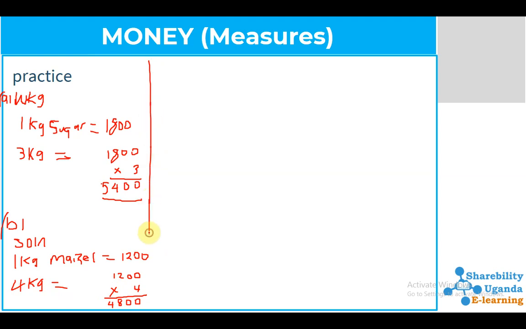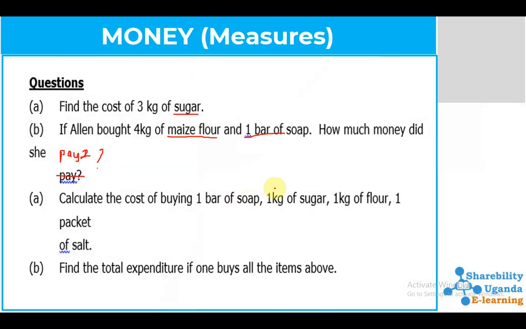They talked about sugar and soap. So here you can say 1 kilogram of soap. Okay, let's see what they are asking about. 1 bar of soap. This is a bar of soap, not kilogram.